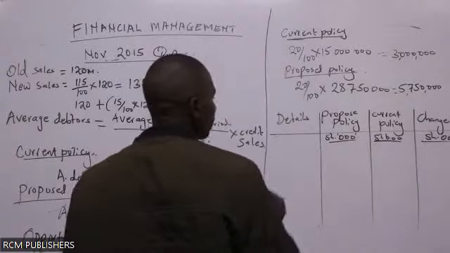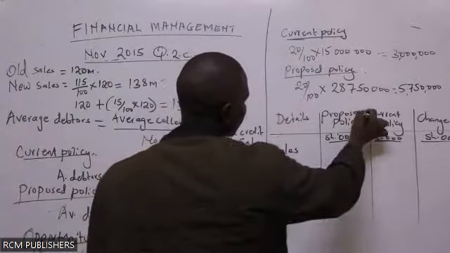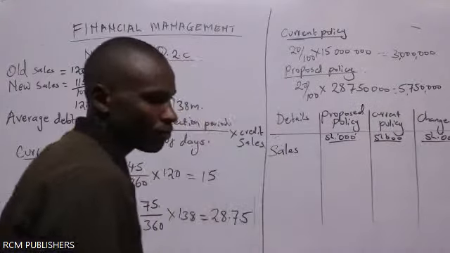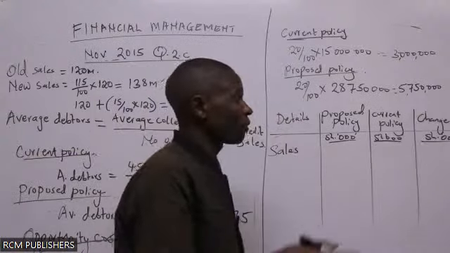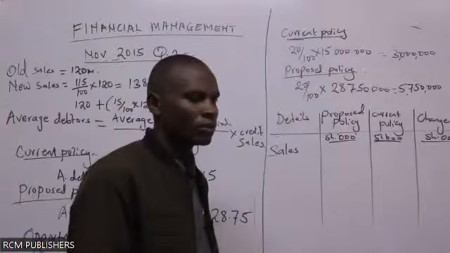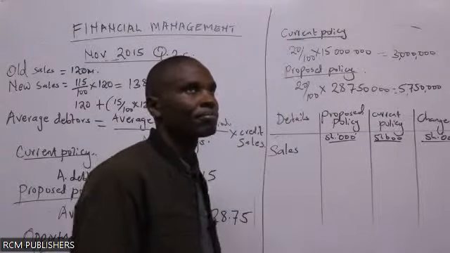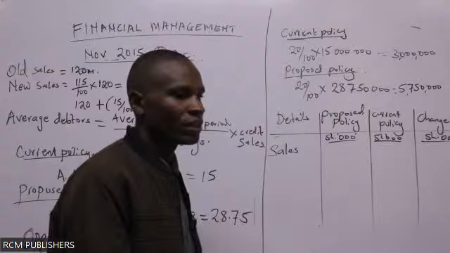Okay. Sales. Give me the sale for the proposed policy very fast. Acha tufanye haraka haraka. I need us to do more. Nataka tufanye mingi so that we get to understand, you know. 130,000.